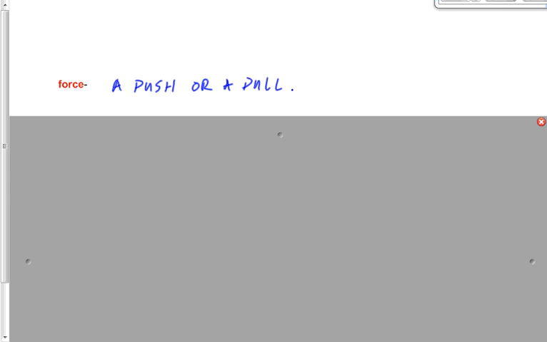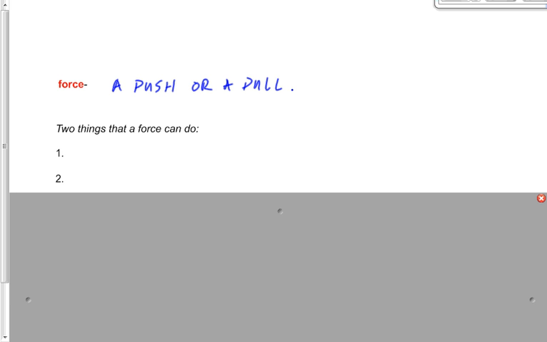Now, what you didn't learn in grade 6 is the effect of a force. A force can do one of two things, or even both of those two things. Anybody want to take a stab at what one of the things a force can do is? Well, it can push it.